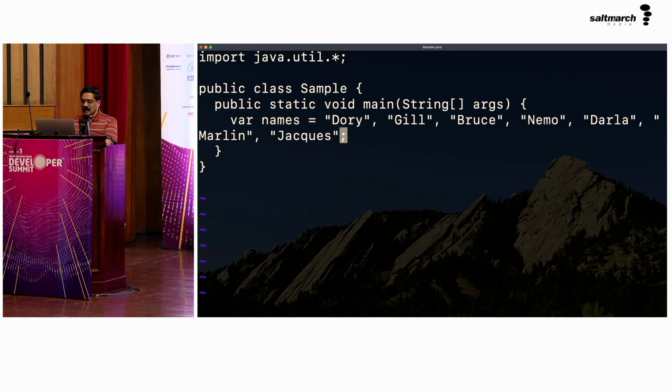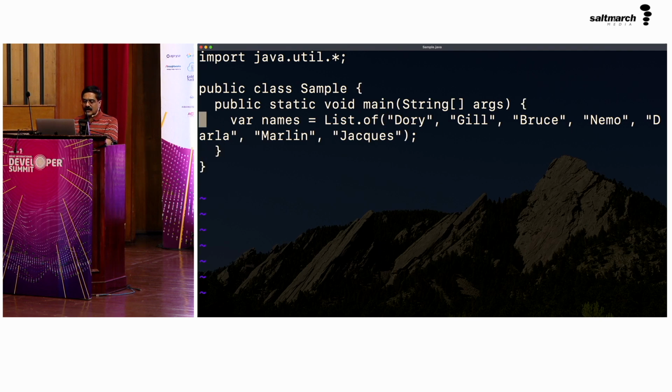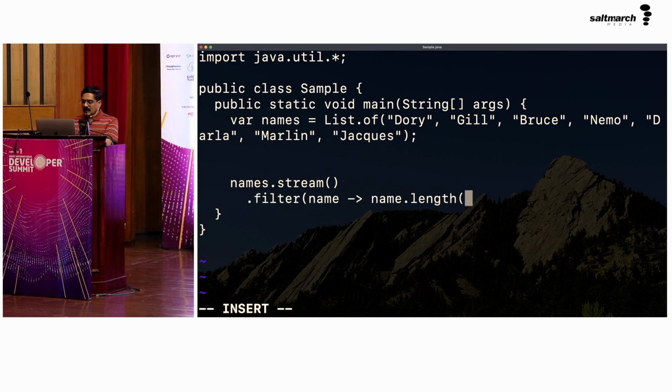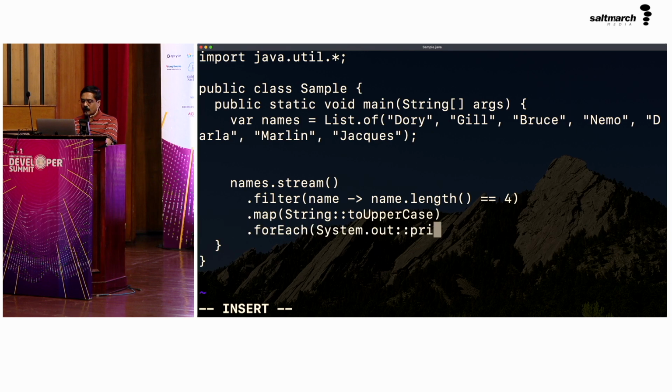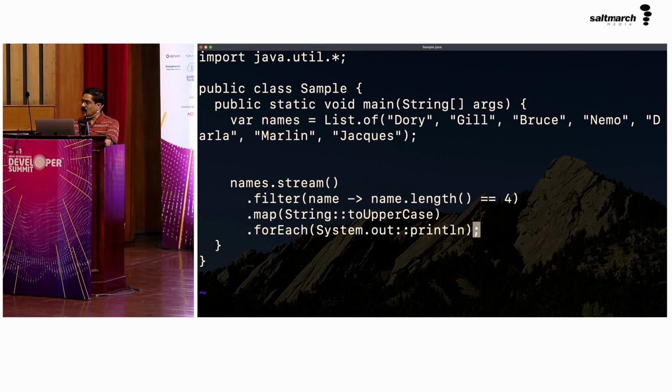Given these names, here's a list of names, and I can say names.stream.filter, given a name, name.length is equal to, let's say, 4. .map, let's take a string toUpperCase. We can convert it. And then forEach, System.out, print line, and we can print it. That's sequential code, isn't it? So it gives you the Dory, Gil, and Nemo that is sequential.